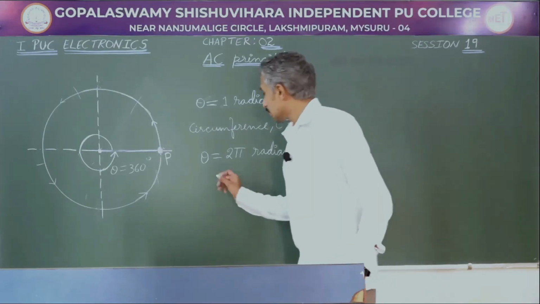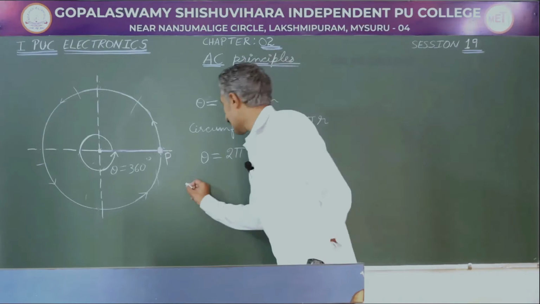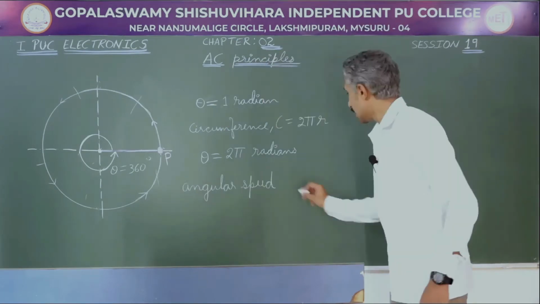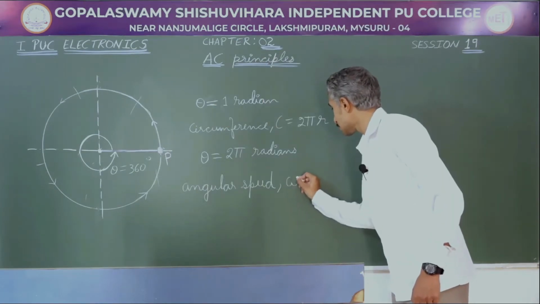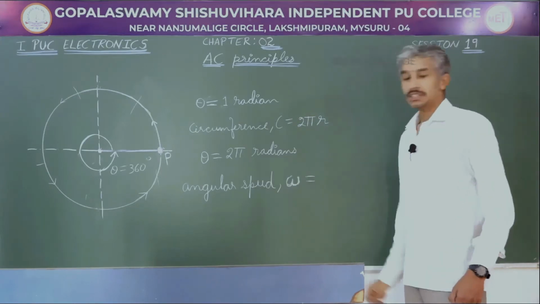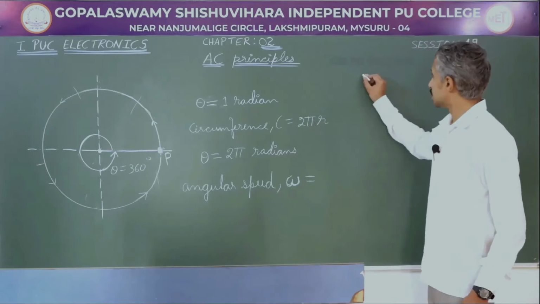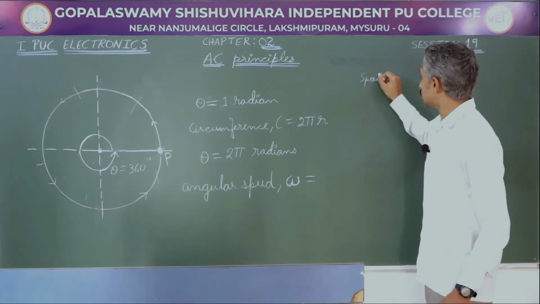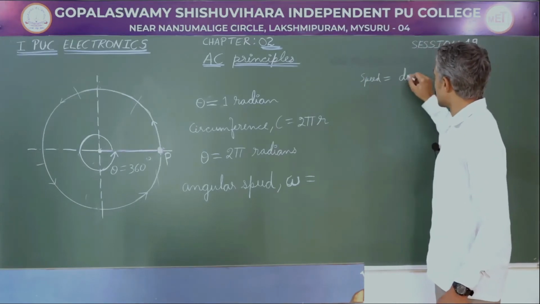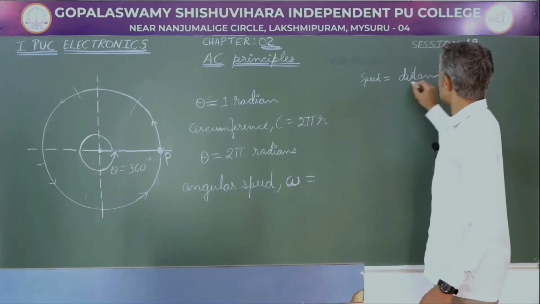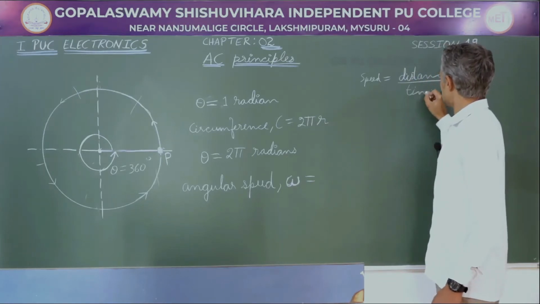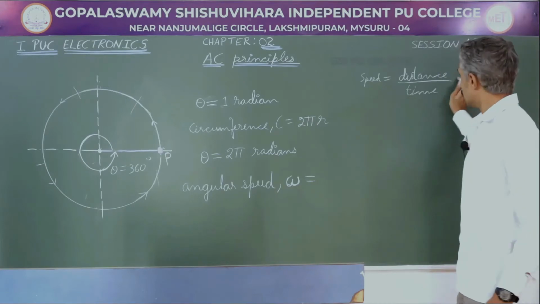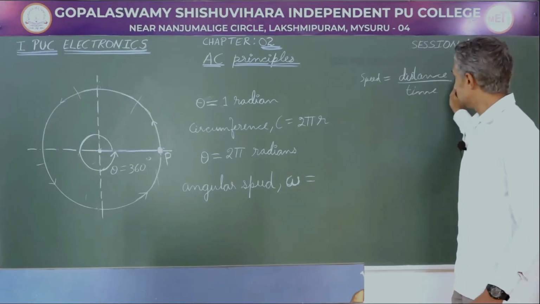Now, let me go to the next term, which is angular speed, and this angular speed is represented by omega. What is angular speed? We know speed. Speed is given by distance travelled by time taken, or the rate of distance travelled.